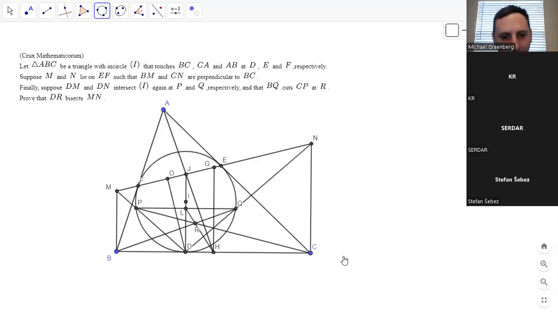Yes. Okay. Then we will do an angle chase to prove that BOC is the same angle as PDQ. Basically, this is not hard since we already have some cyclic quadrilaterals with this point O. For example, angle MOB is equal to MDB.